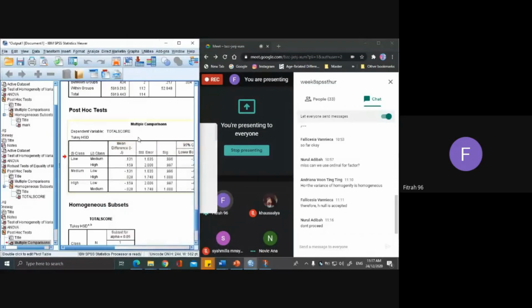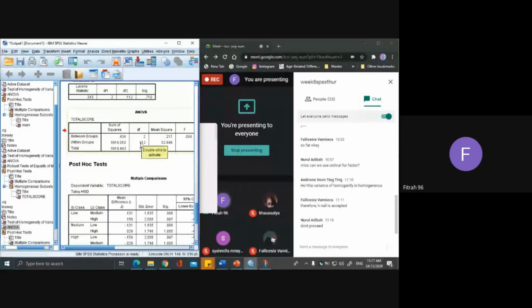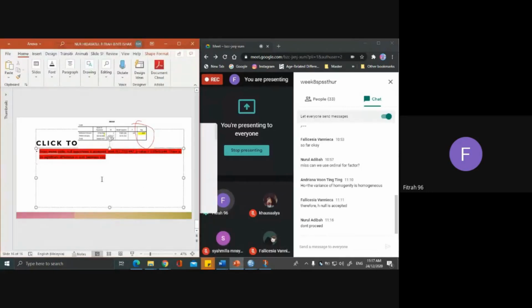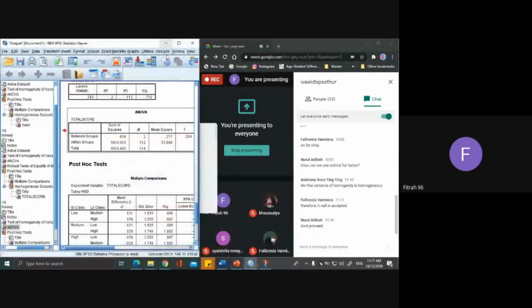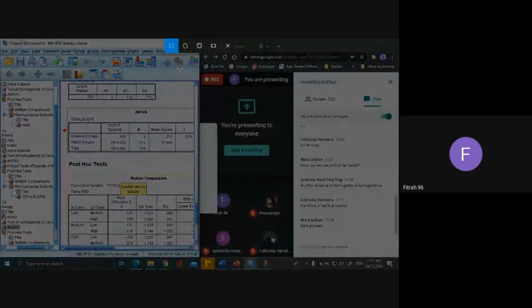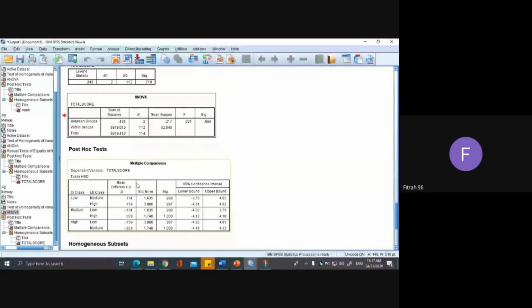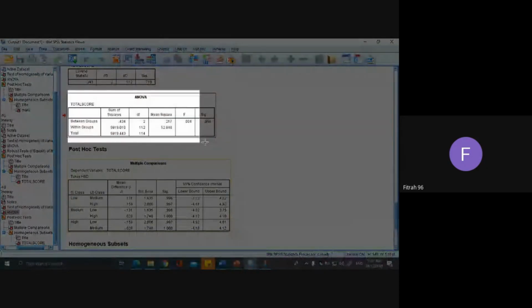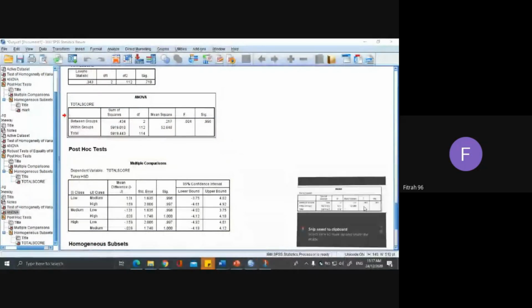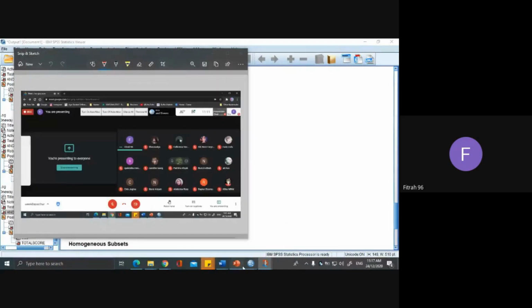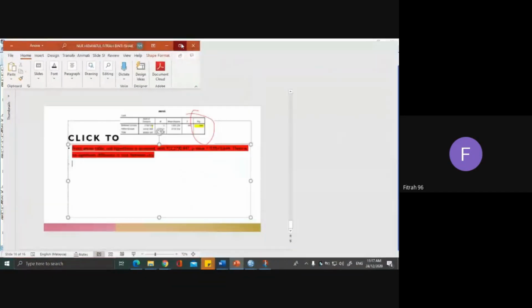Sebab kita tak dapat nak proceed post hoc because it is higher than 0.05. So, our table akan ada dua sahaja yang kita report nanti. So, the first one, kita report yang SIG ni, the Levene test.